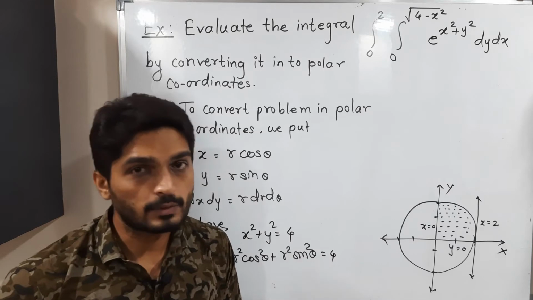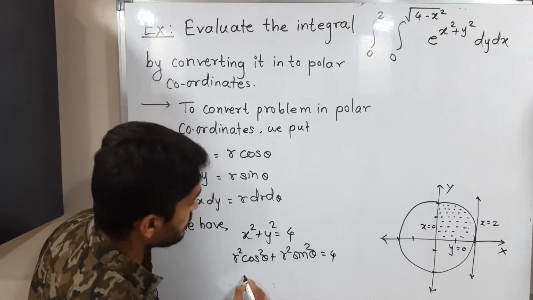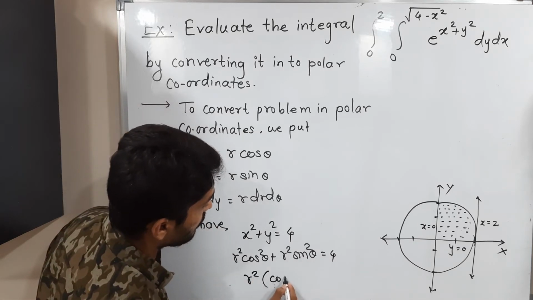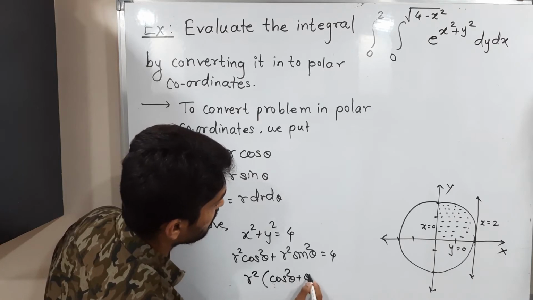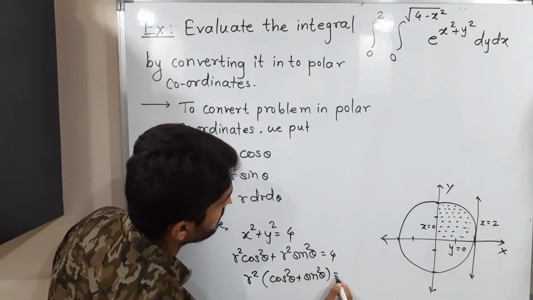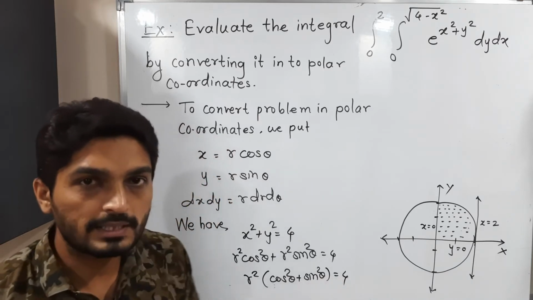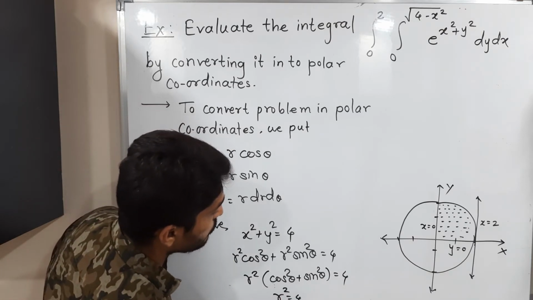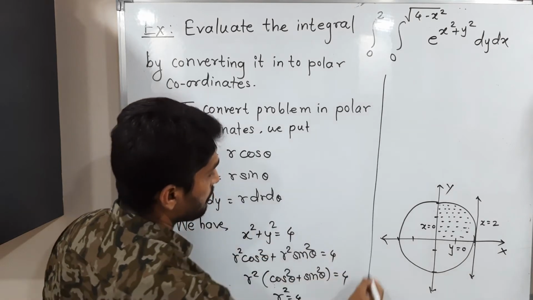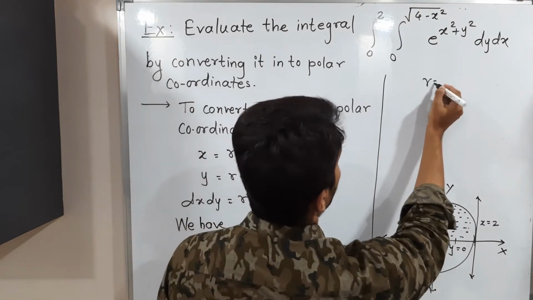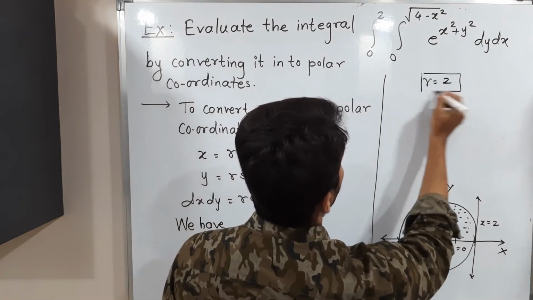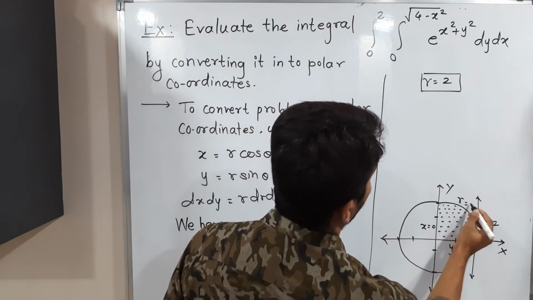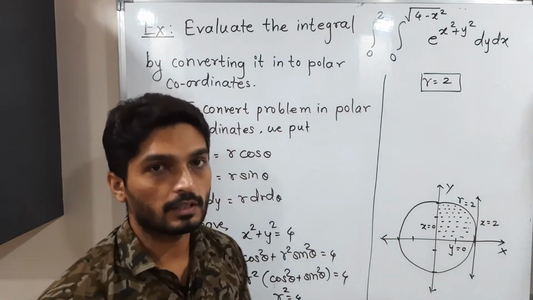Tell me, can I take r square common? Obviously I can. So we will have cos square theta plus sin square theta is equal to 4 divided by r square, and cos square plus sin square is 1, so r square is equal to 4. If you take the square root, r is equal to 2. So this is the equation of the circle, I will write here r is equal to 2.